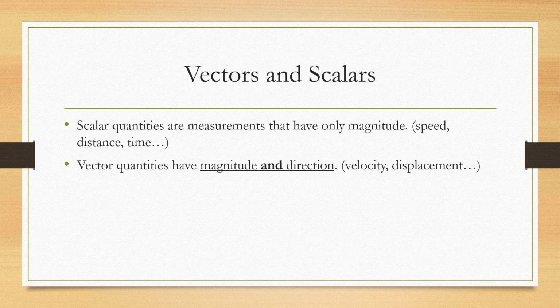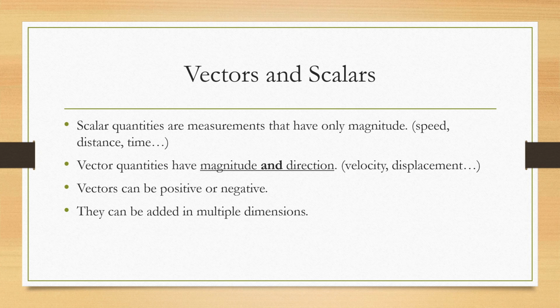So this is velocity and displacement, and there's more we'll learn about in the future, such as force. Vectors can be positive or negative, and vectors can be added in multiple dimensions. In this course, we'll only go as far as 2 dimensions, but in future, you can go even into 3 dimensions and add vectors together. All vectors are represented by that little arrow accent above the symbol.